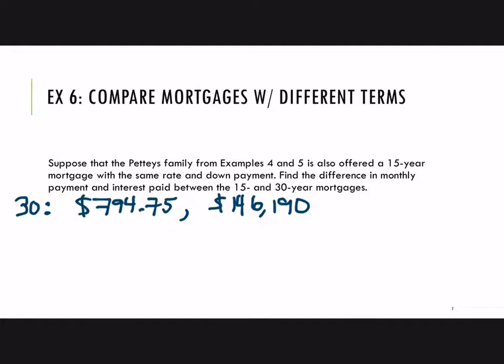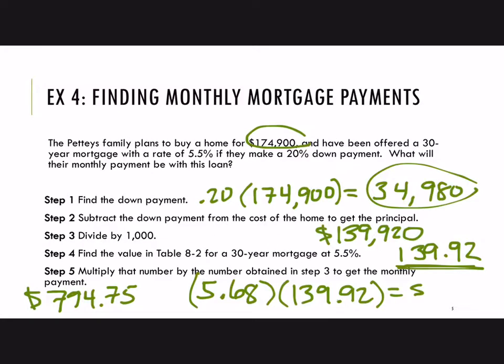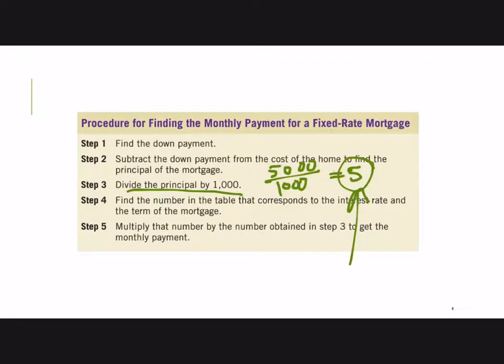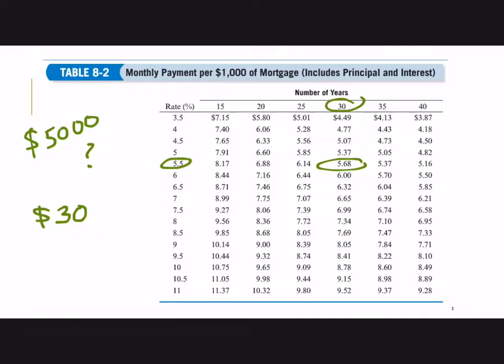Now for the 15-year mortgage, we have the same down payment and the same rate, so I can reuse a lot of the work that I've already done. Following that procedure for finding the monthly payment, I already know the down payment and the principal divided by 1,000, so it's still going to be 139.92. Now when I go to the table, I need a 5.5% mortgage, but for 15 years.